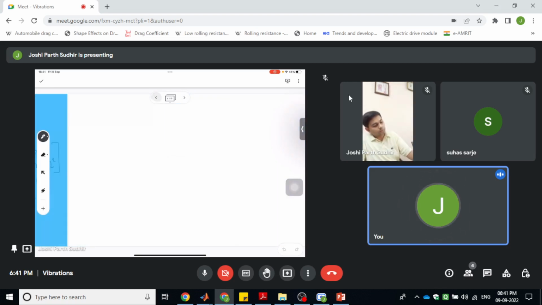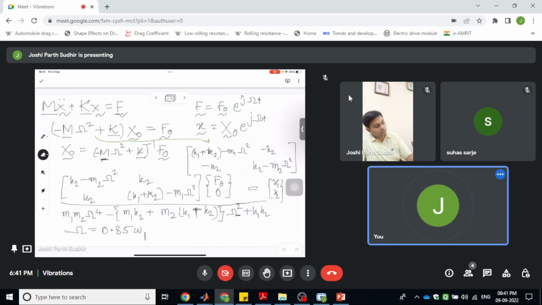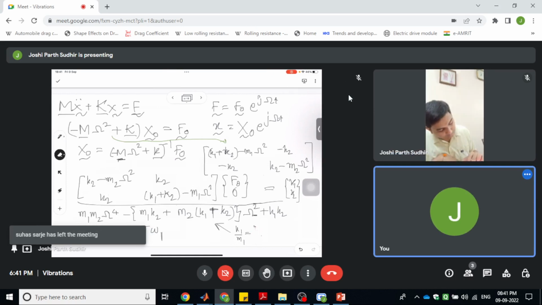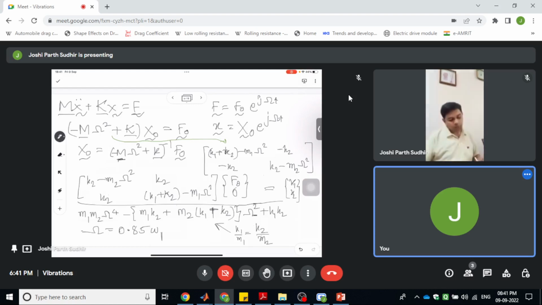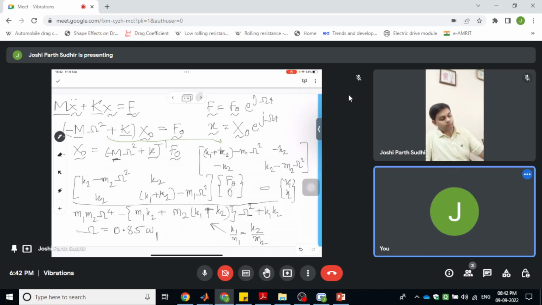so if we simplify this equation by using the fact that k1 by m1 is k2 by m2 is equal to omega 1 square, then we will basically arrive at the equation of the form.